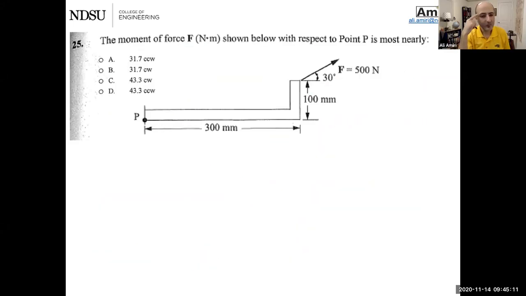Okay. The moment of force F, in Newton meters, shown below with respect to point P is most nearly. In statics we usually say about point P instead of with respect to.